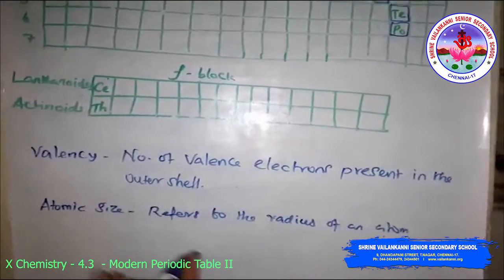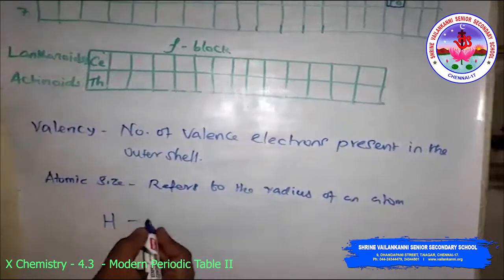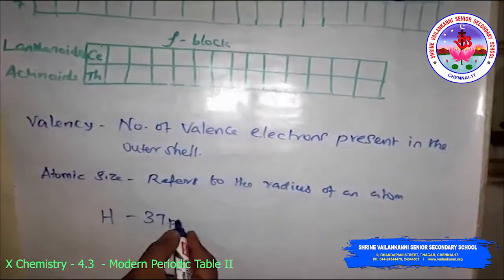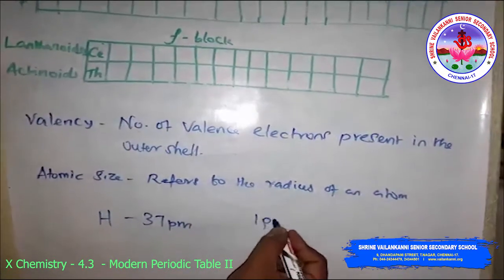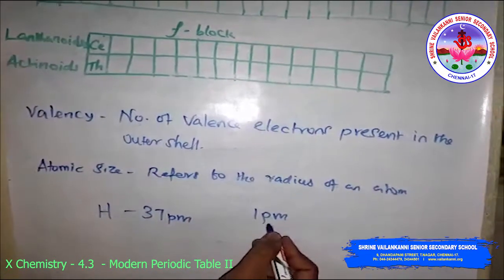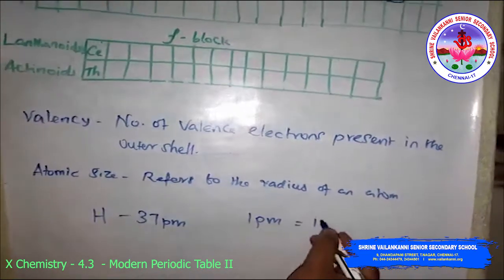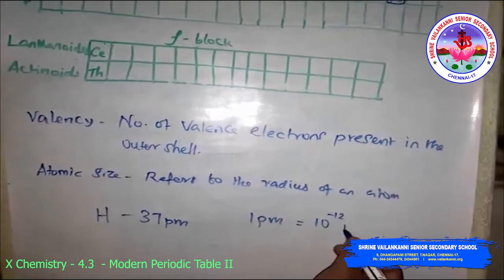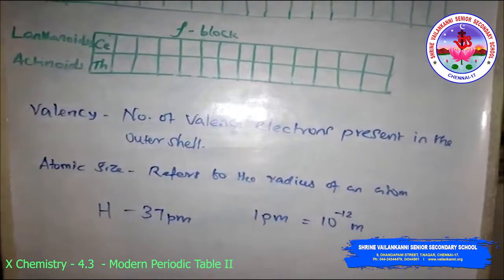So the atomic radius of a hydrogen atom is 37 picometer. Here pm indicates picometer. 1 picometer converts to meter as 10 power minus 12 meter. So this is the main thing.